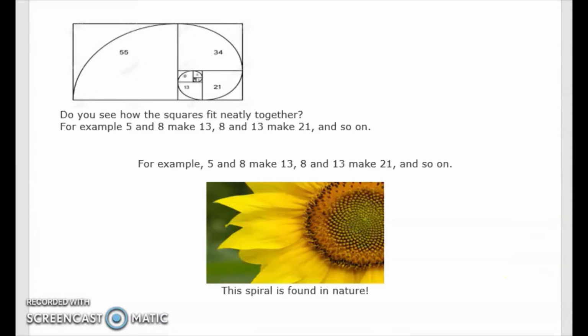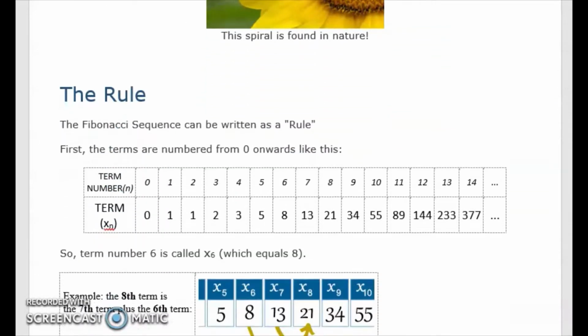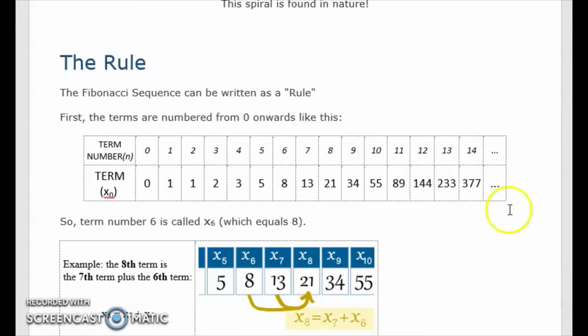Okay, so moving on. We have also the rule on how to get the Fibonacci sequence or the Fibonacci numbers. The Fibonacci sequence can be written as a rule. First, the terms are numbered 0 onwards like this.